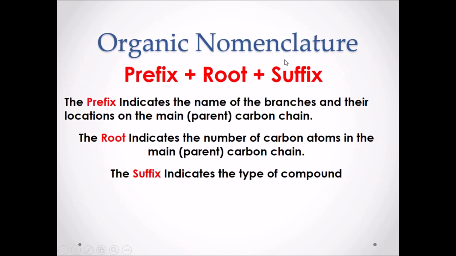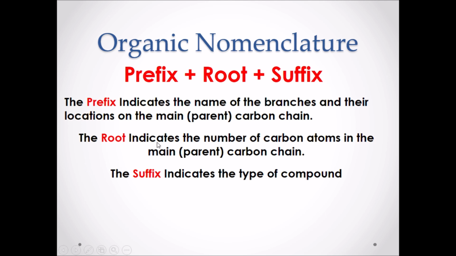Organic nomenclature. Every organic name follows a similar pattern of a prefix plus a root plus a suffix. The prefix indicates the name of the branches and their location on the main carbon chain, which is also commonly known as the parent carbon chain.